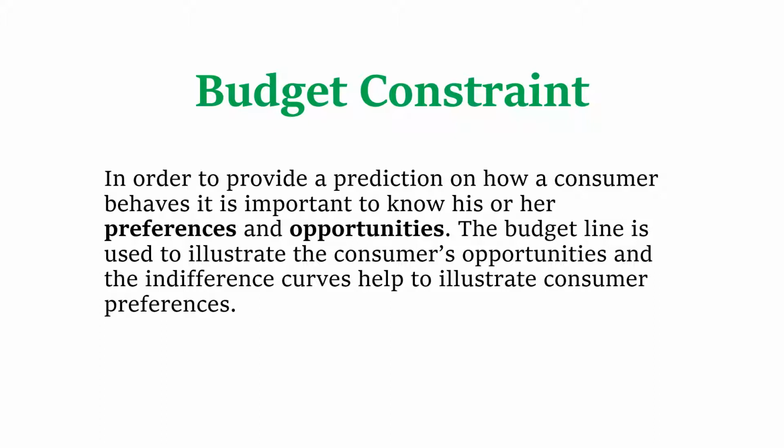In other words, the marginal utility spent per dollar on one good must be equal to the marginal utility per dollar spent on the other good. If we are dealing with N goods, then the marginal utility per dollar spent must be the same across all commodities for the consumer to be in equilibrium.